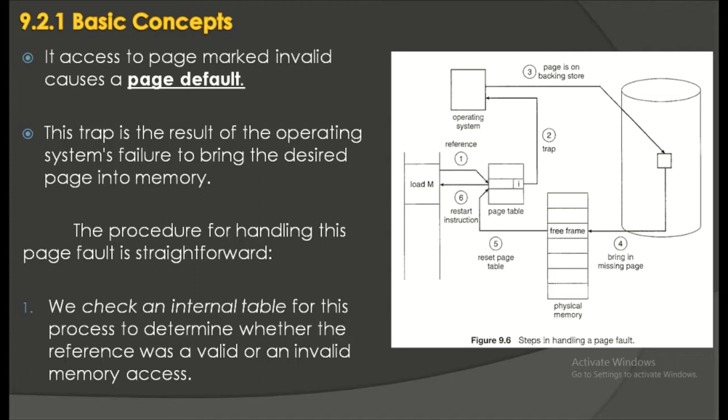Fifth, when the disk read is complete, we modify the internal table kept with the process and the page table to indicate that the page is now in memory. Sixth, we restart the instruction that was interrupted by the trap. The process can now access the page as though it had always been in memory.